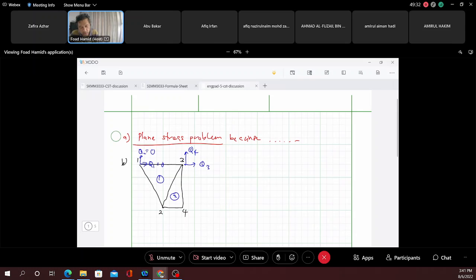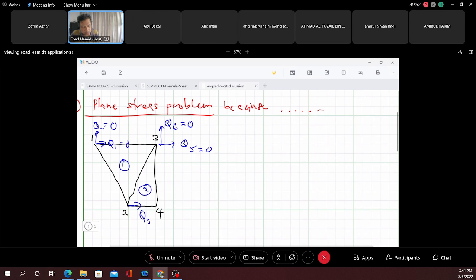This is node 3, so we take 5 and 6. This is again 0 and 0 because at node 3, it is fixed by a pin joint. And this is Q3 and Q4. Q3 and Q4 are our unknown DOF.